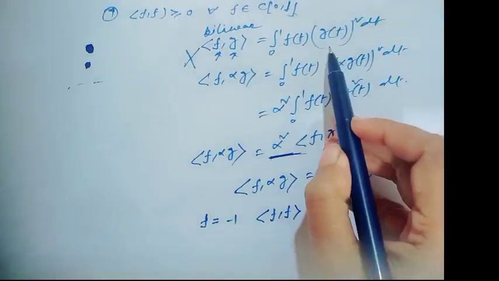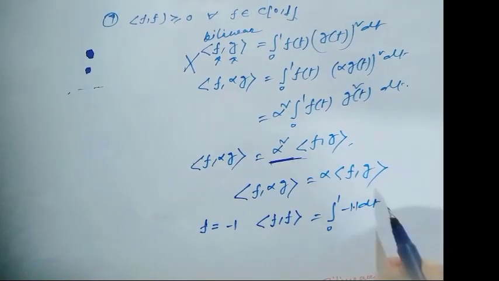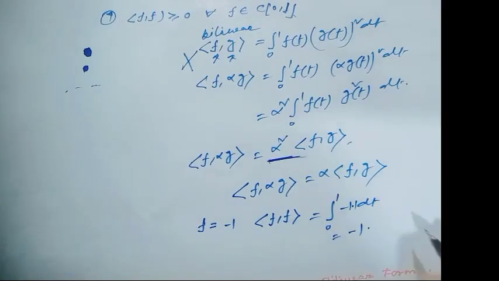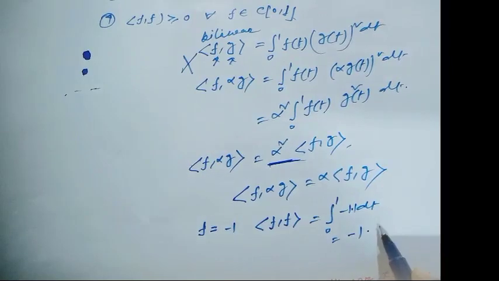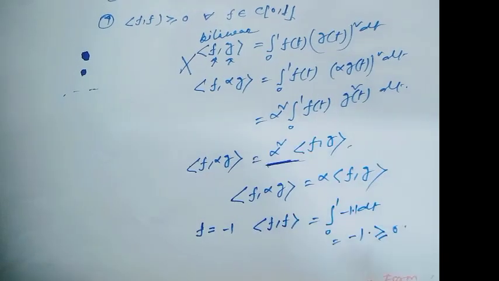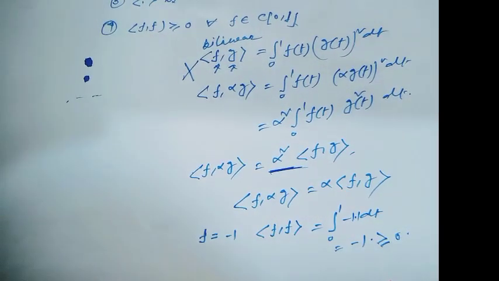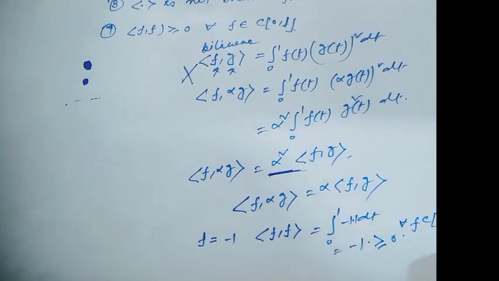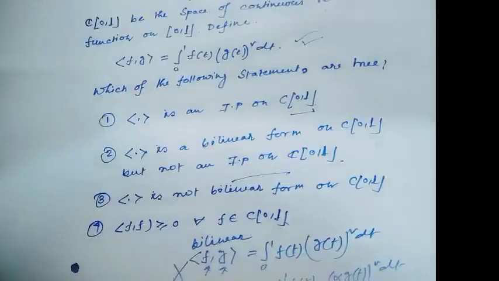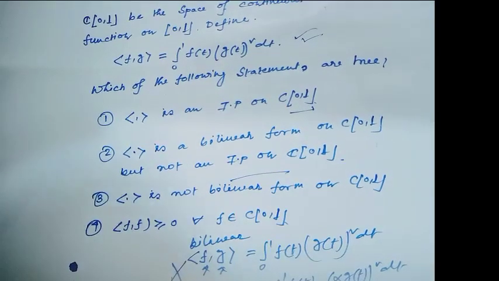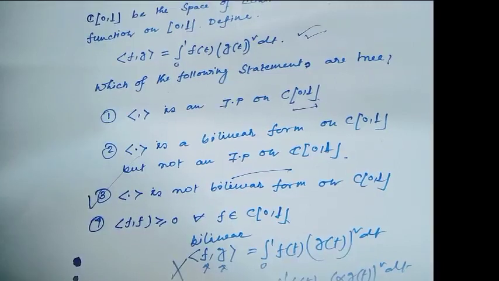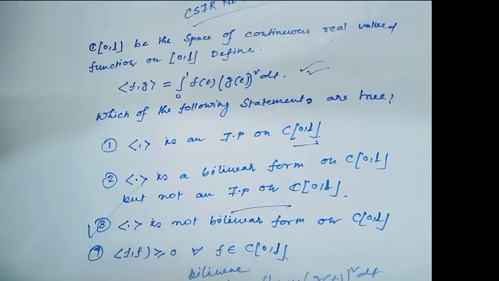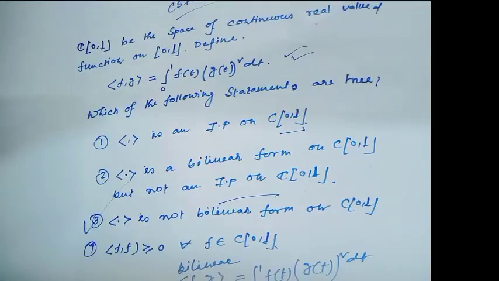Here -1 and -1 whole square would be +1, and this value would be actually -1. So this is not greater than or equal to 0 for all f belonging to C[0,1]. So here only the third option is the true option. This is not a bilinear form on C[0,1]. I hope all my viewers have understood this question in a better way.